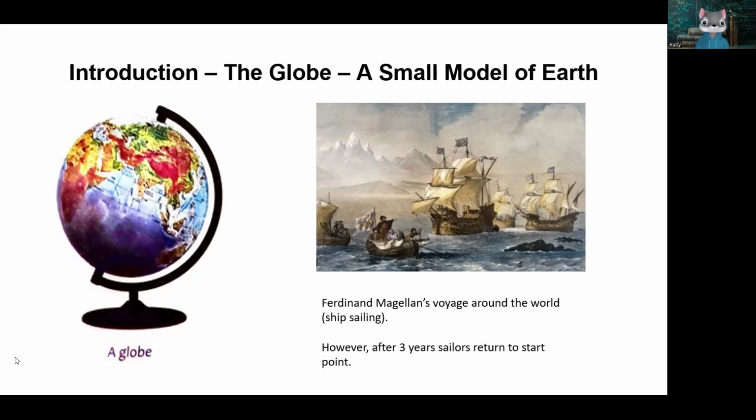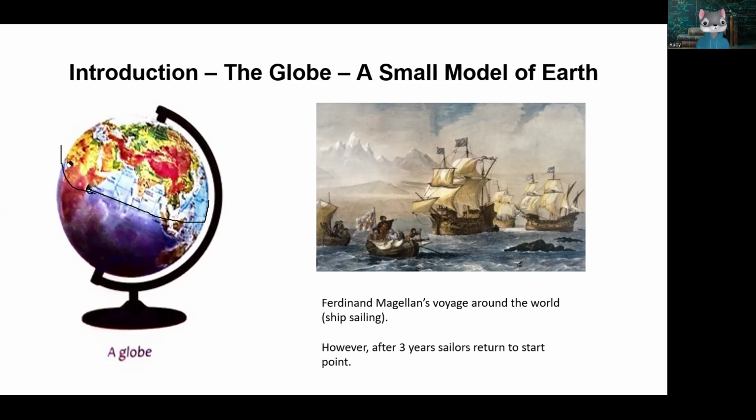Let me show. Imagine this is the Earth. He went from here and continued to go this way for the same time, and in the end returned here only.